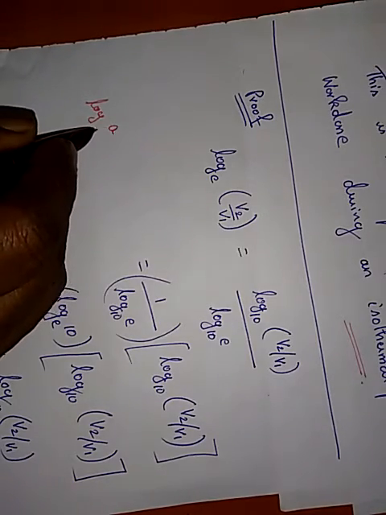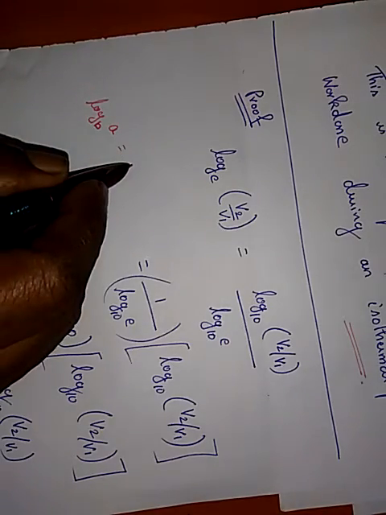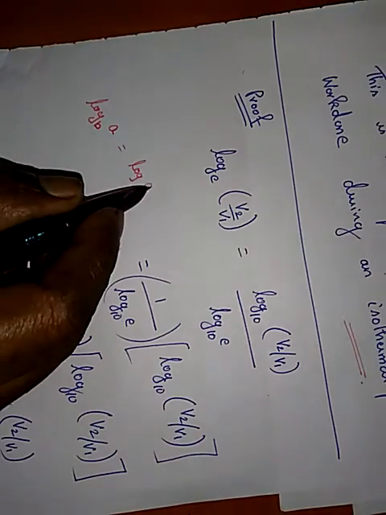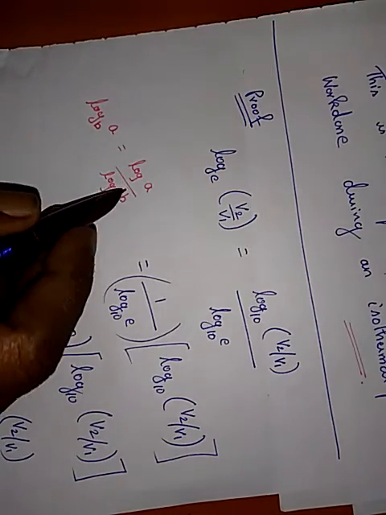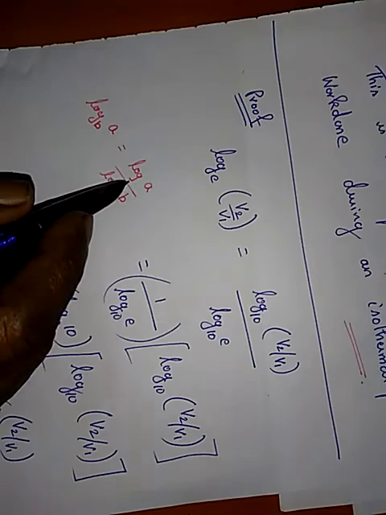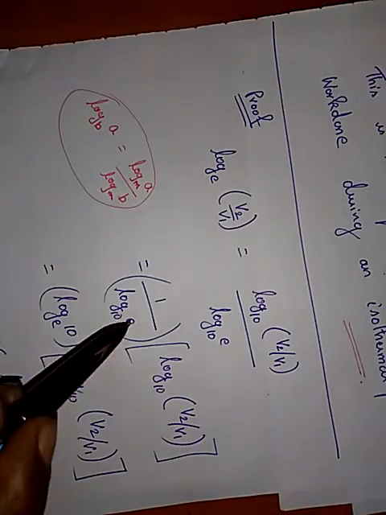So that is log A to the base B. So what you can do is log A by log B. You can fix any base, but both should be same. If you put M, here also you have to put M. So this is a logarithmic rule.